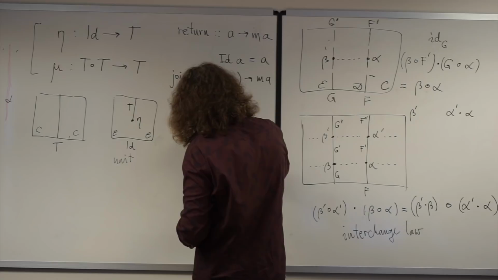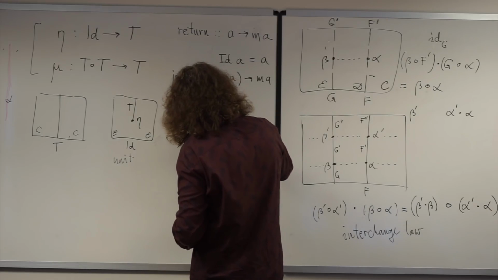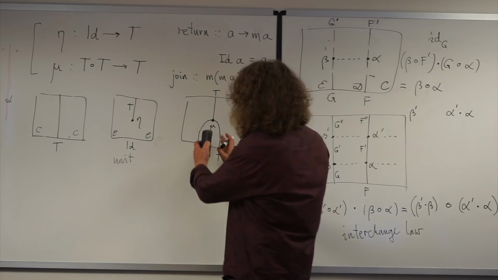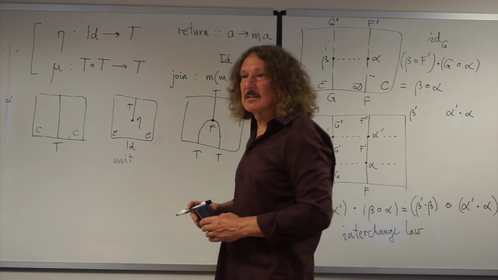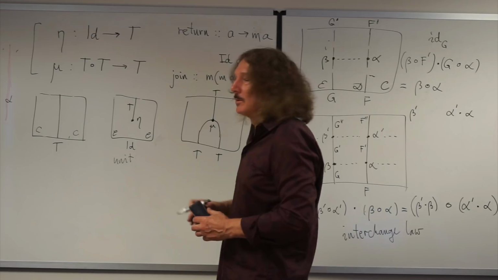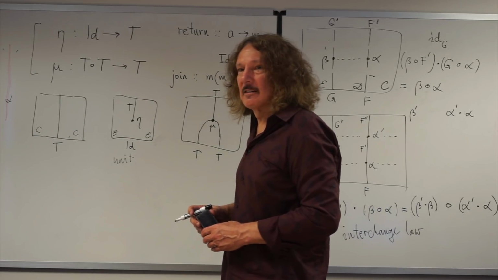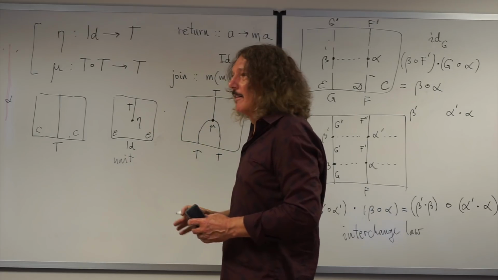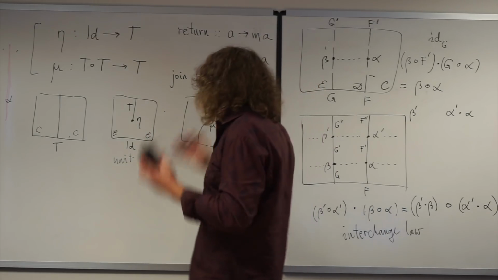How do we draw this? We draw it like this. This is our mu. It connects this stripe T after T to this T. That's a monad. A monad has these two things, plus the laws. So what are these laws?